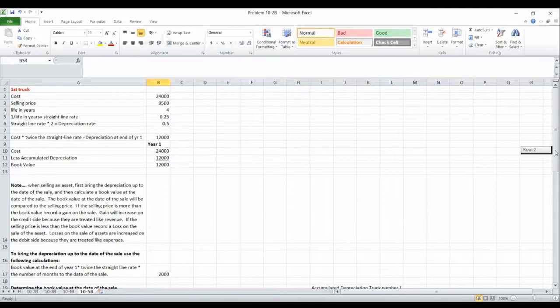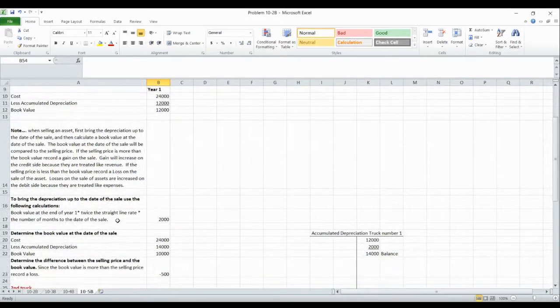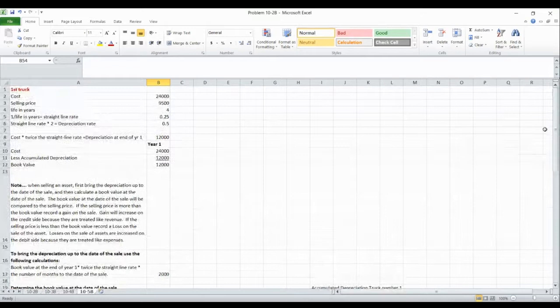So when you sell that first asset, the first thing you need to do is bring the depreciation up to the date of sale. To do that, we take the book value at the end of year one, which was our $12,000, and we multiply that by twice the straight line rate, which we calculated for the first asset was 50%.